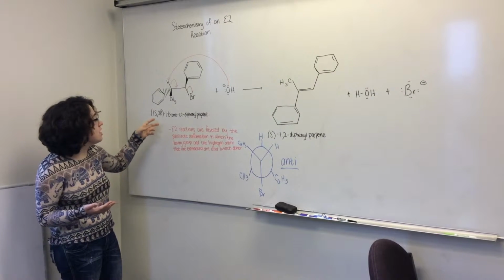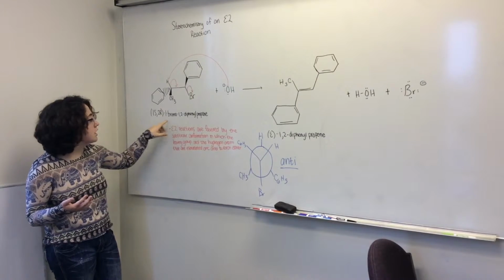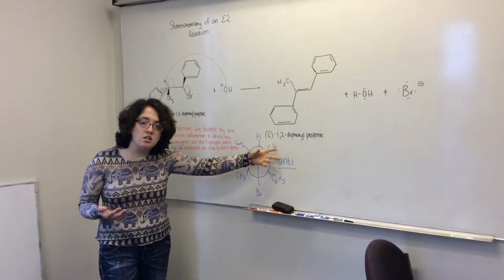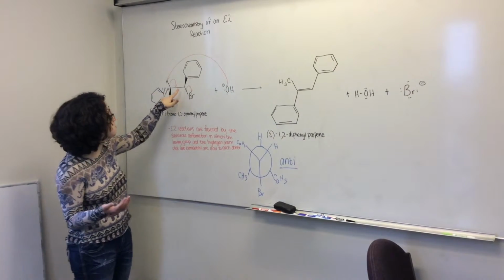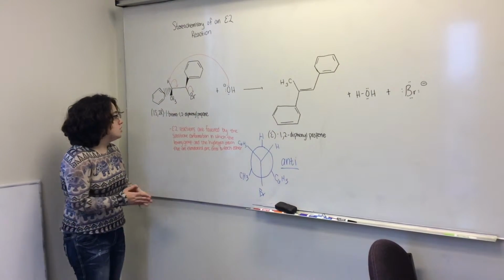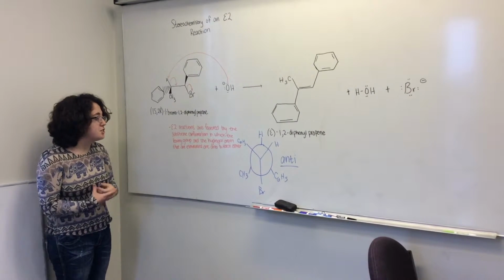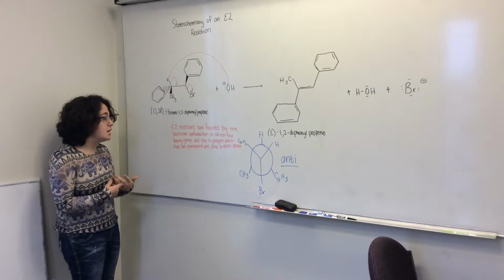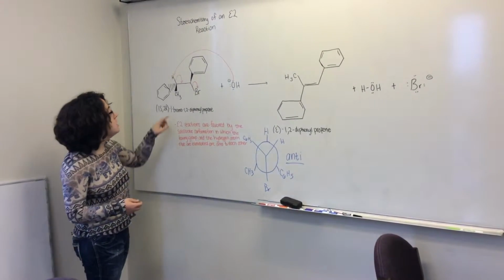So we start off here with 1S,2R, and then we end up with E. So, both of these you can see is pretty much trans. Okay, so something that is good to know is that E2 reactions are favored by the substrate conformation in which the leaving group and the hydrogen atom that are eliminated are anti to each other.